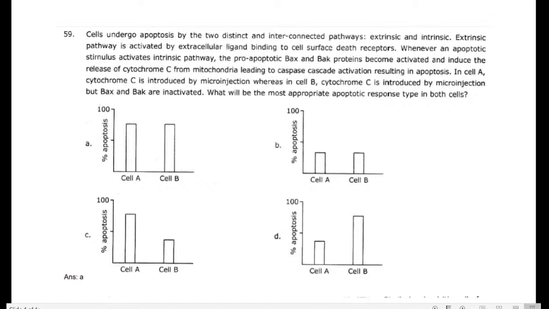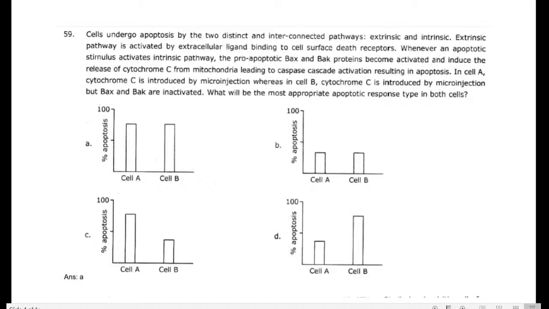This is the story. Here the question is introduced: by microinjection, whereas in cell B, the cytochrome C is introduced by microinjection, but BAX and BAK are inactivated. Here the main important statement is what they ask.